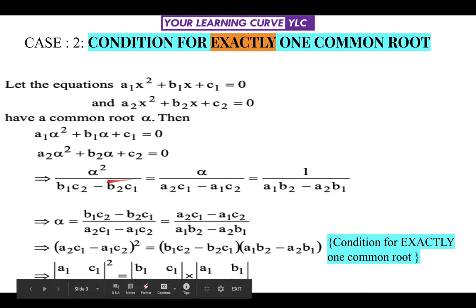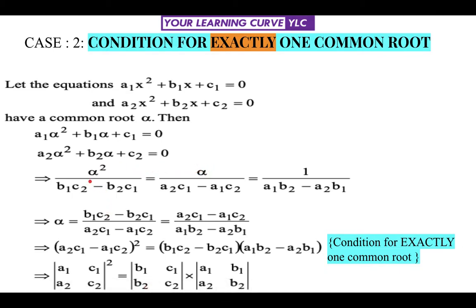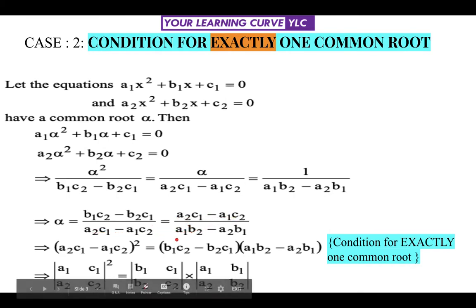If we equate these, one alpha will get cancelled and you will get another relation. Since alpha is the same, we can say that b1 c2 minus b2 c1 upon a2 c1 minus a1 c2 should be equal to a2 c1 minus a1 c2 upon a1 b2 minus a2 b1.